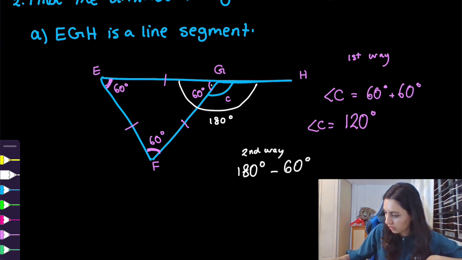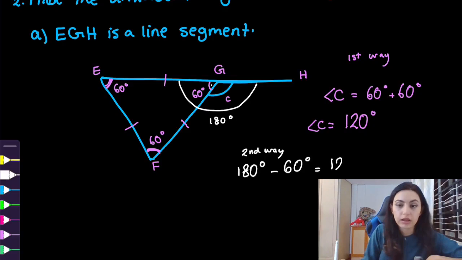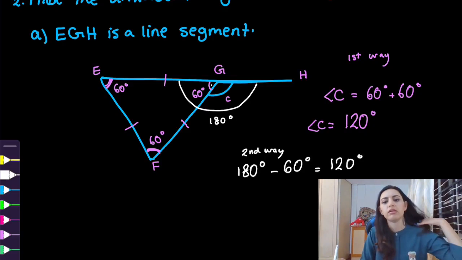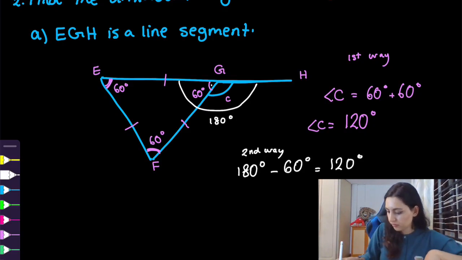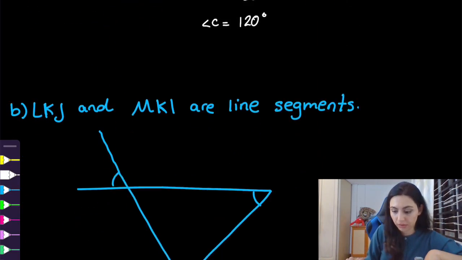You say 180 degrees minus 60. You must get 120. If in either way you got a different answer, that means you did something wrong, okay? So also we got 120. So angle C equals 120 degrees. Okay, perfect. I think we're doing very well.